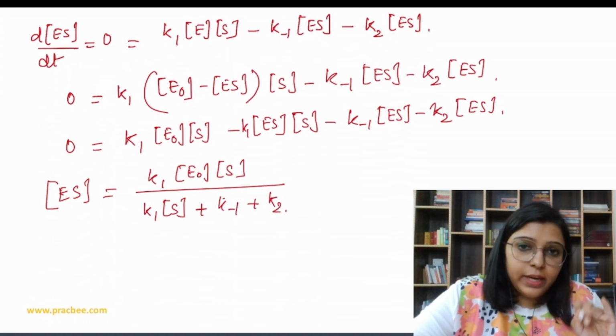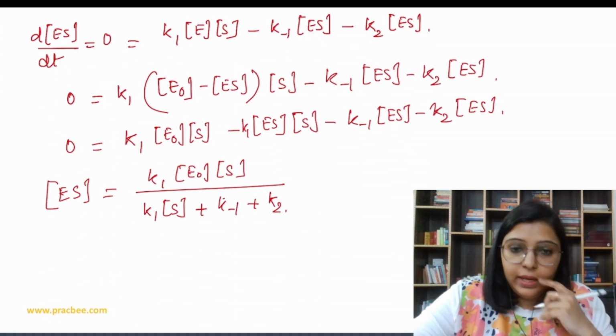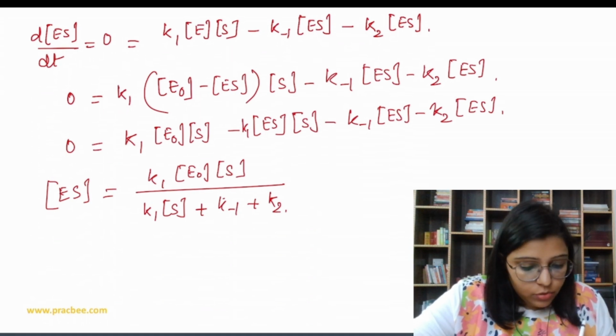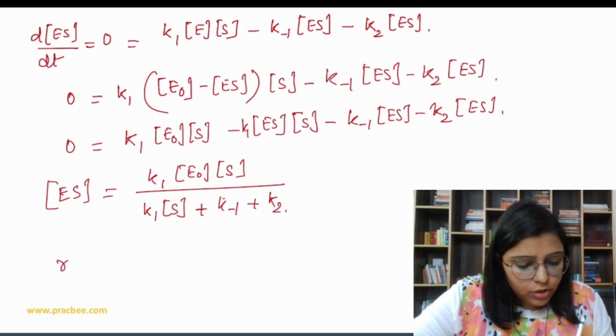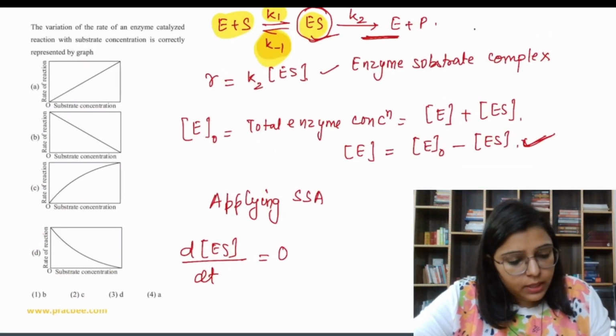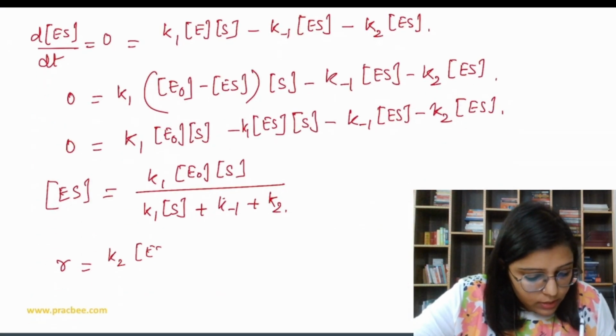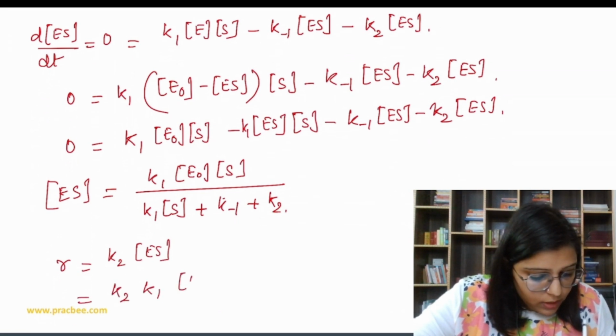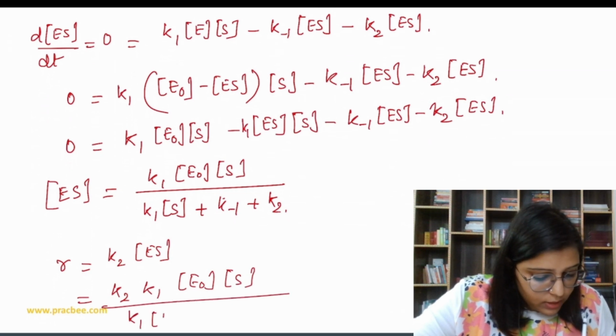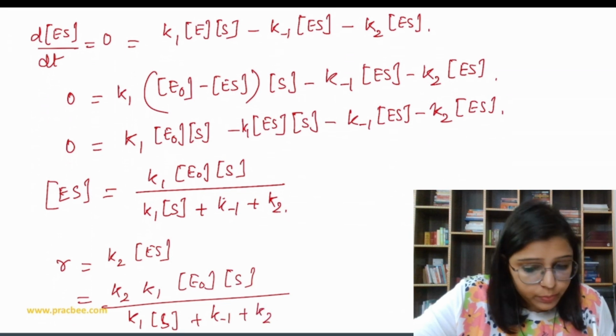Right, now let's put the ES concentration into the rate. So what is the rate? Rate is K2 ES, right? So K2 ES. So we can write K2 K1 E naught S upon K1 S plus K minus 1 plus K2.